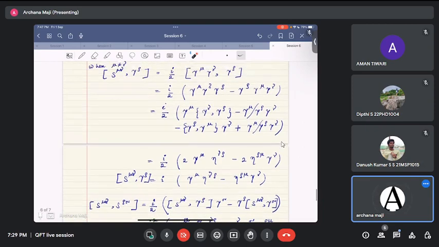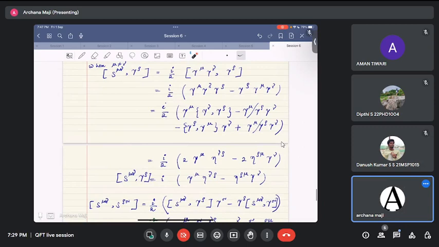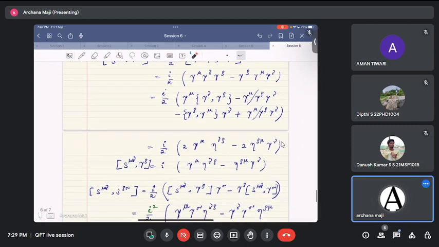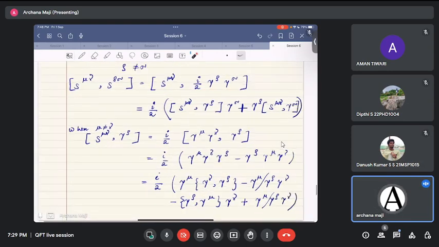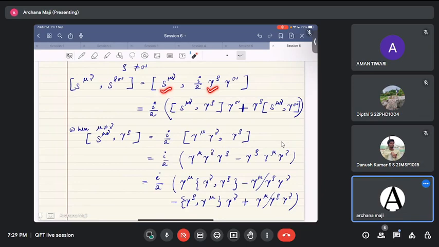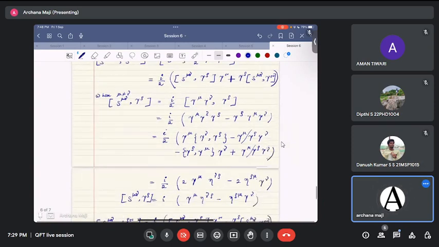Oh, what is happening here? Just a moment. So we are, yeah, there is plus here. Okay, there is plus, right? There, we are just writing this commutator. So this with that plus this with that. So there is plus in between, so that plus sign is making everything long.